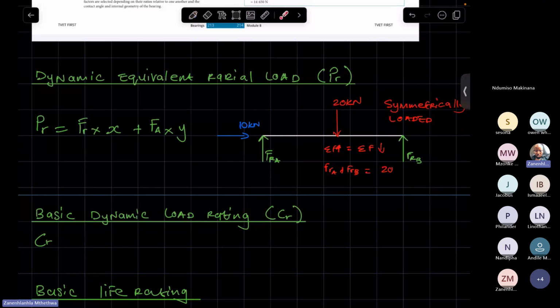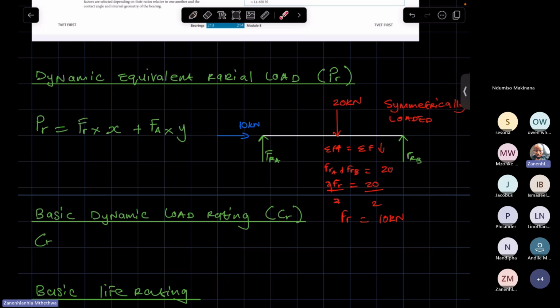Because this is symmetrically loaded, FRA is equal to FRB. So you can call this 2FR, which is equal to 20. To get FR, simply divide both sides by 2. Hence, the radial load at each bearing will be equal to 10 kilonewtons.